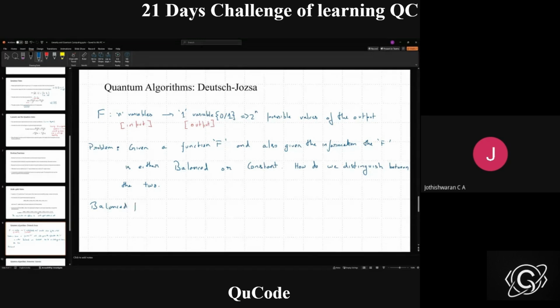A balanced function is a function that outputs 0 and 1 an equal number of times.